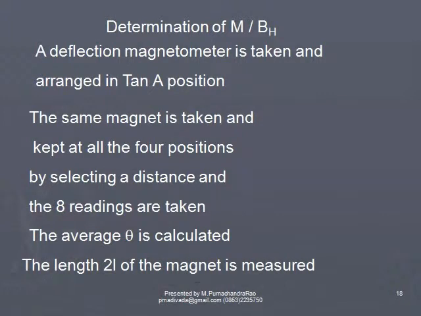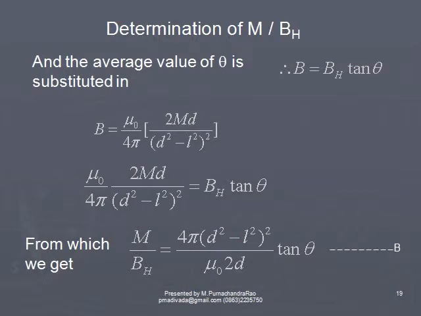By substituting the value of B, which is equal to mu naught by 4 pi into 2Md divided by (d square minus L square) whole square, we get the relation mu naught by 4 pi into 2Md by (d square minus L square) whole square is equal to BH tan theta.